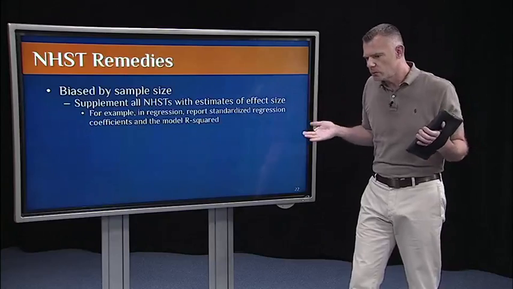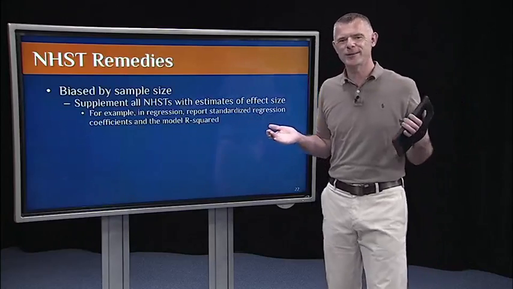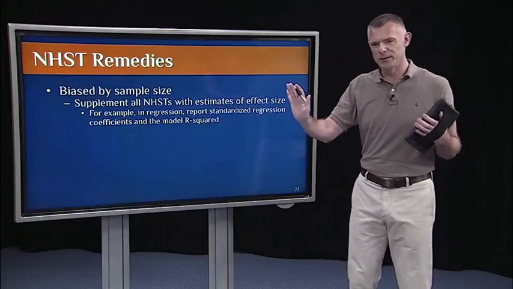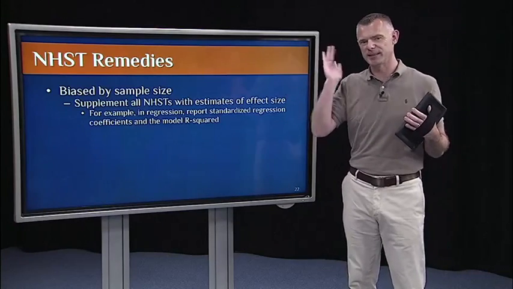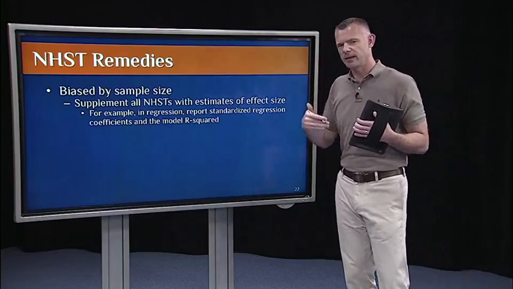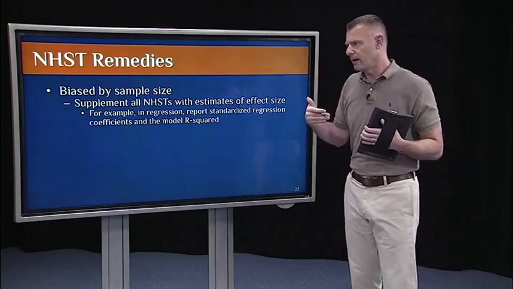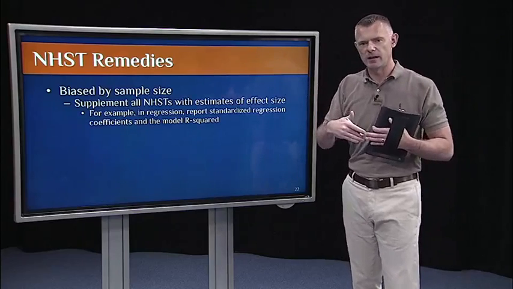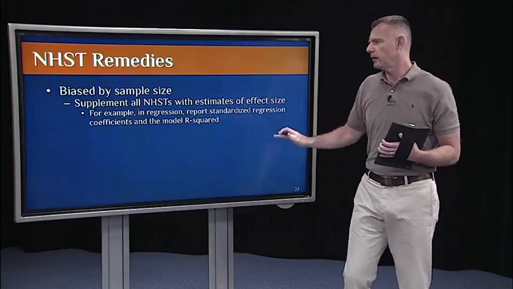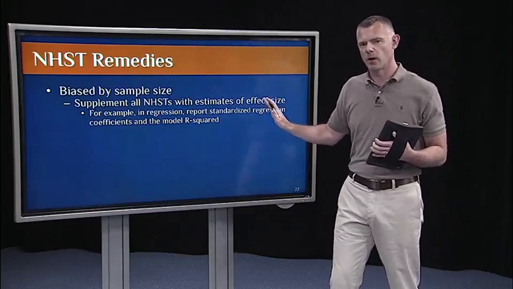So given all those problems, why do we still use it at all? Well, there are a lot of people out there who would say we shouldn't be using it. We should ban NHST and this reliance on p-values. I'm not so strict about that. I think there are several remedies that you can add to your research that will ameliorate a lot of those problems.